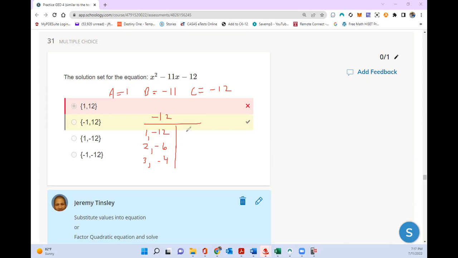If we already got 4, so we're done. Left, right side is gonna be what? Negative 1, positive 12. Negative 2, positive 6. Negative 3, positive 4. Okay. Now I'm looking for what? Negative 11. What pair is gonna give me b? What pair is gonna give me negative 11?